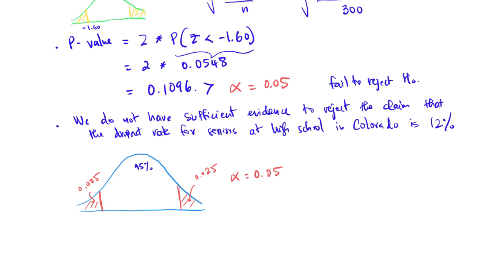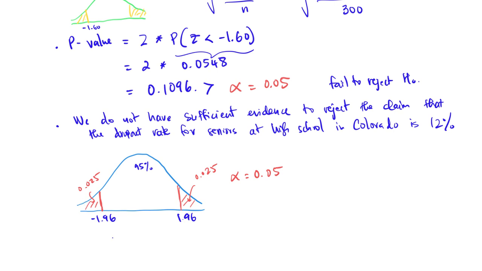The critical values for 95% in the middle, and therefore a total of 5% at the two ends, are 1.96 and negative 1.96. Anything that is more than 1.96, we would reject the null hypothesis. Anything that is less than negative 1.96, we would reject the null hypothesis. And so the shaded regions here are the rejection regions.